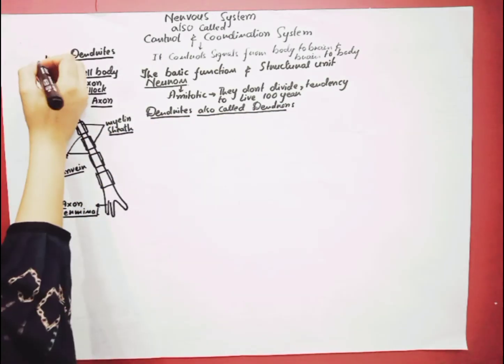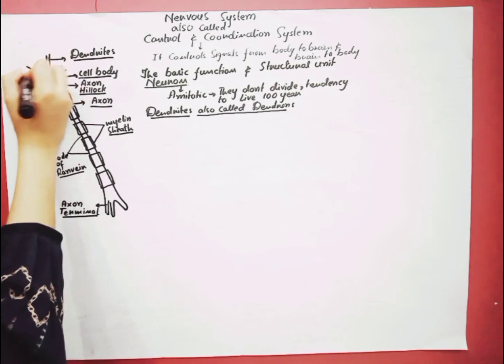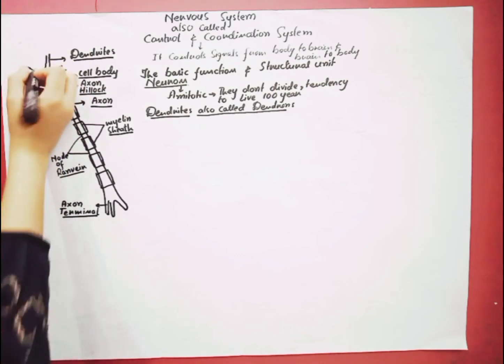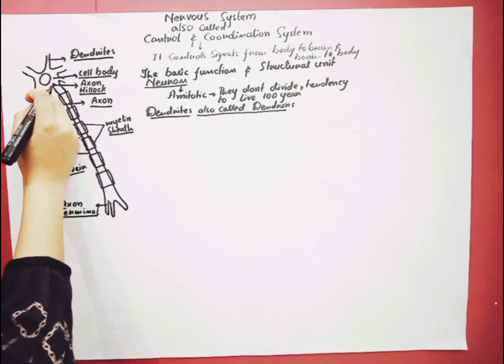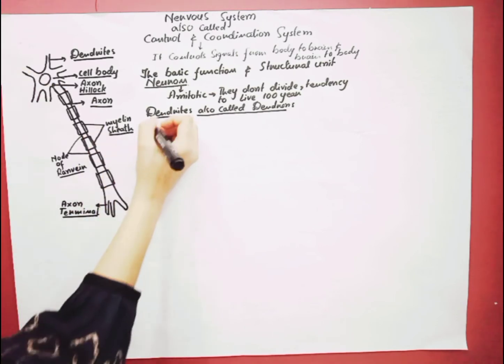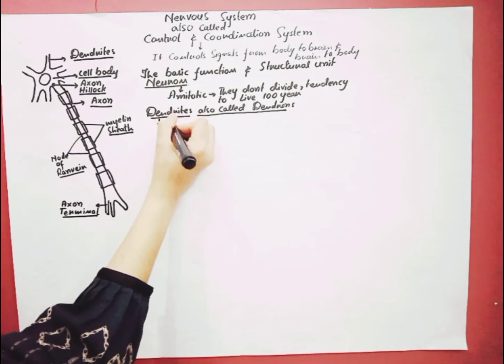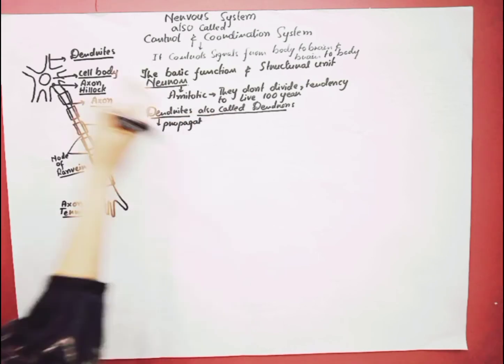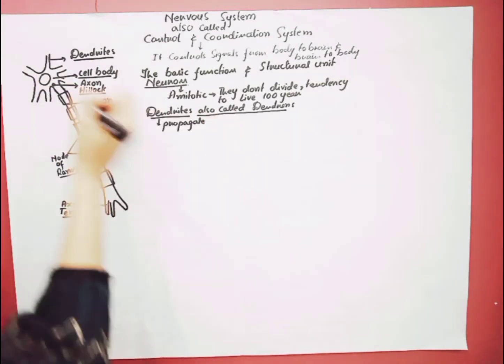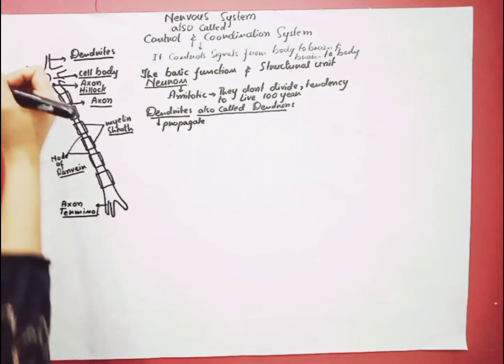These dendrites are protoplasmic. These are the protoplasmic projection or extension of a neuron that propagate nerve impulse to cell body. Propagate or spread the nerve impulse to cell body.